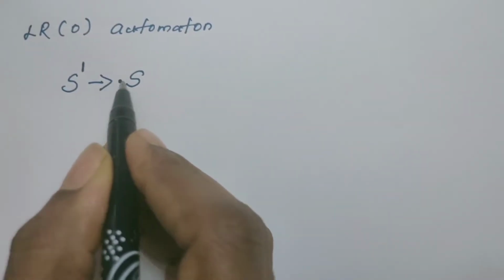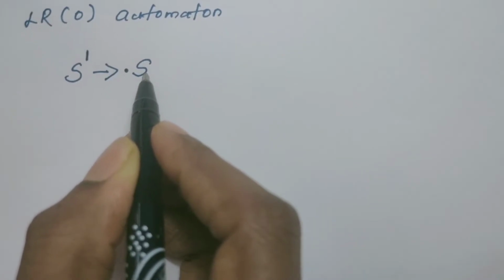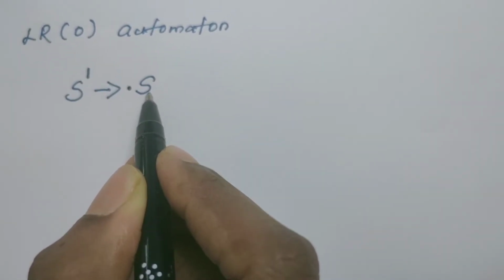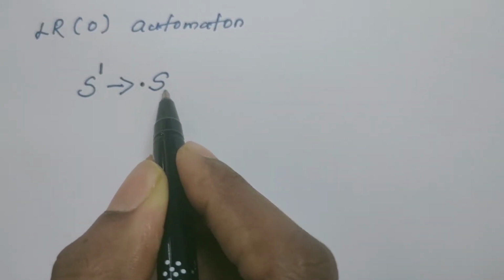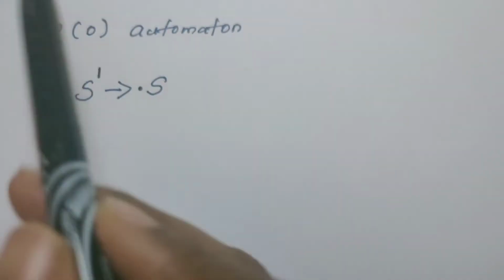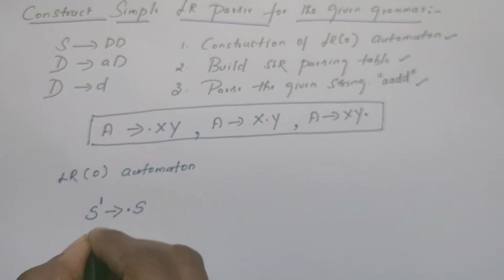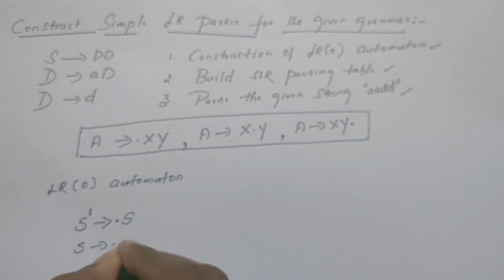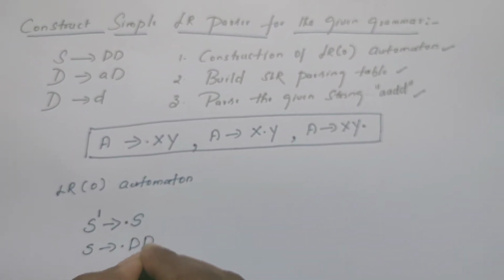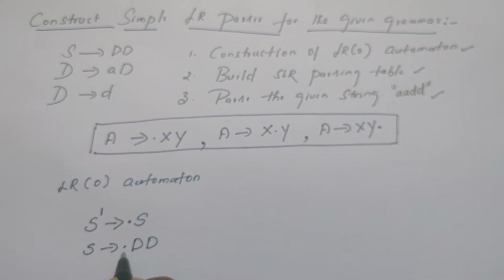S dash derives dot S. It means the next non-terminal symbol the parser is looking for is S. So I have to include the production rules for S, whichever is given in the grammar. So what is given in the grammar here? S derives dd. So let me include that. S derives dot dd. Now in this production rule, you see again the dot is available at the leftmost end.